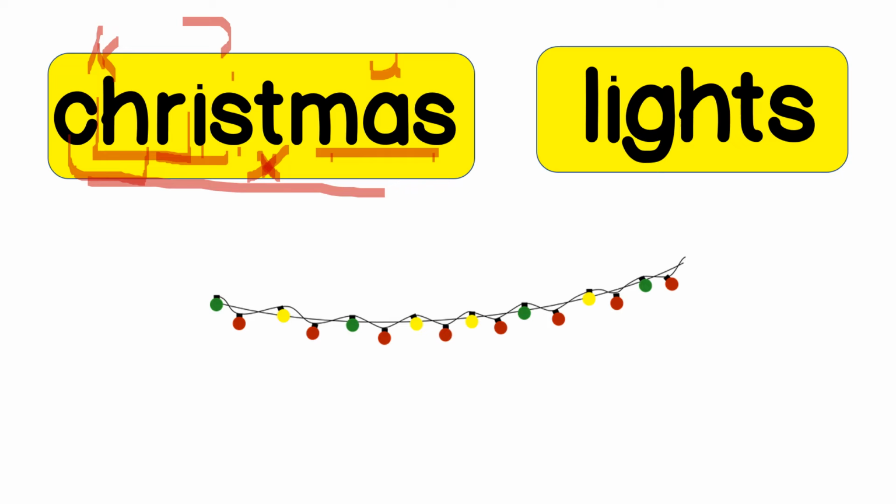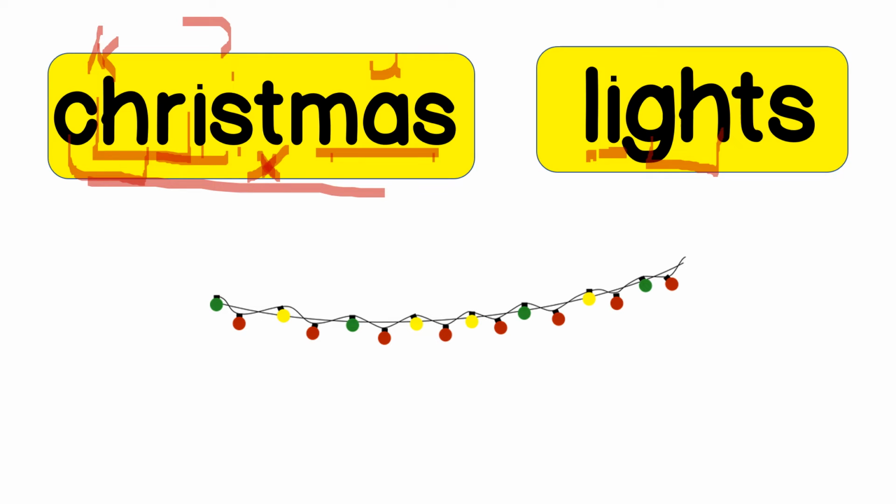Let's now sound out this word. L makes the sound L. The I here, we're going to hear the long I sound, where the I says its name. G and H together, when in the middle of a word, are silent. So we would not hear any sound for it.